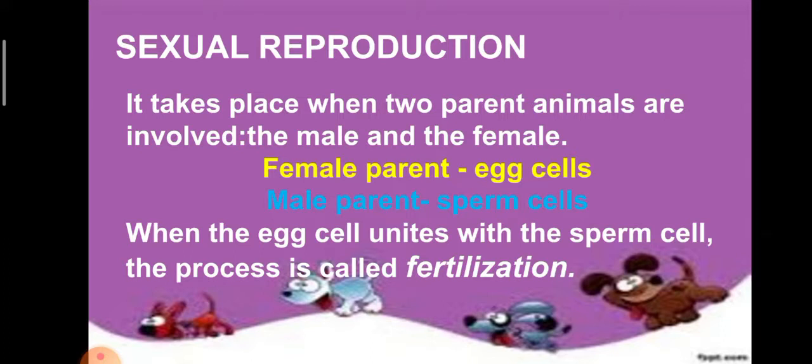Isang male o lalaki at isang female o babae. Ang female parent animal ay nagpo-produce ng egg cells, while ang male parent animal ay nagpo-produce naman ng sperm cells. When the egg cell unites with the sperm cell, the process is called fertilization.